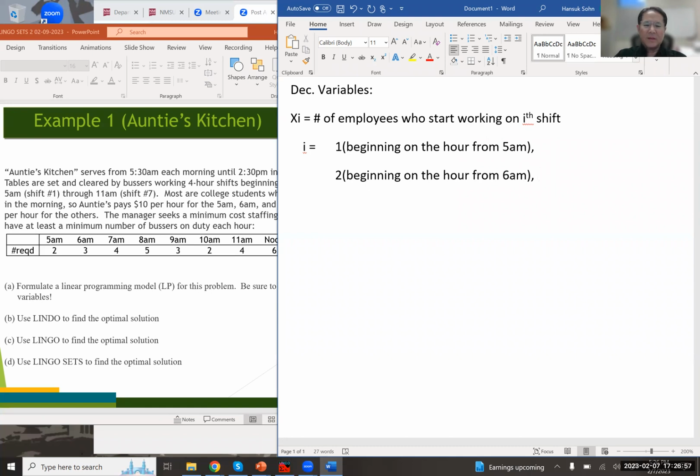So let me copy this. i equals 3 means beginning on the hour from 7 a.m., right? And so on, right?